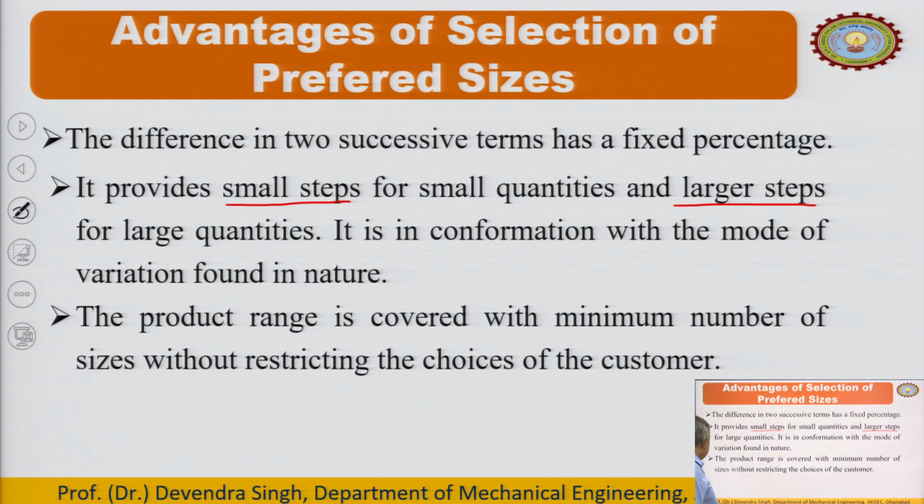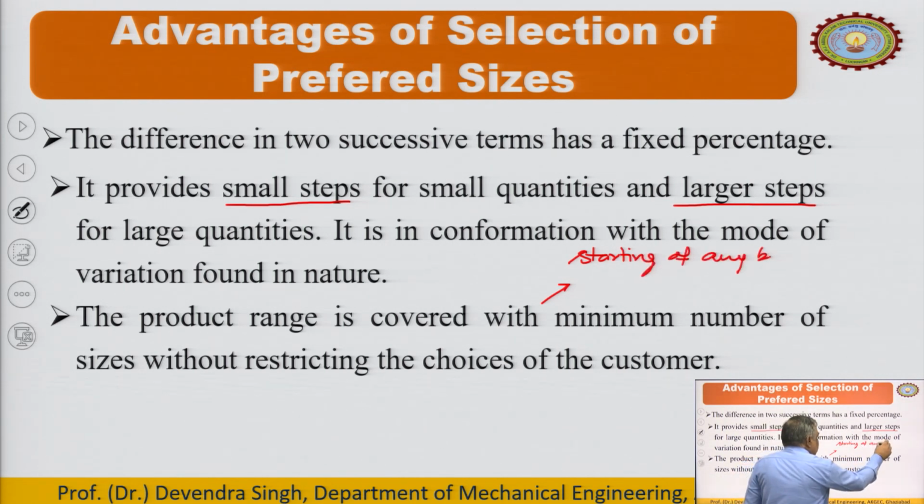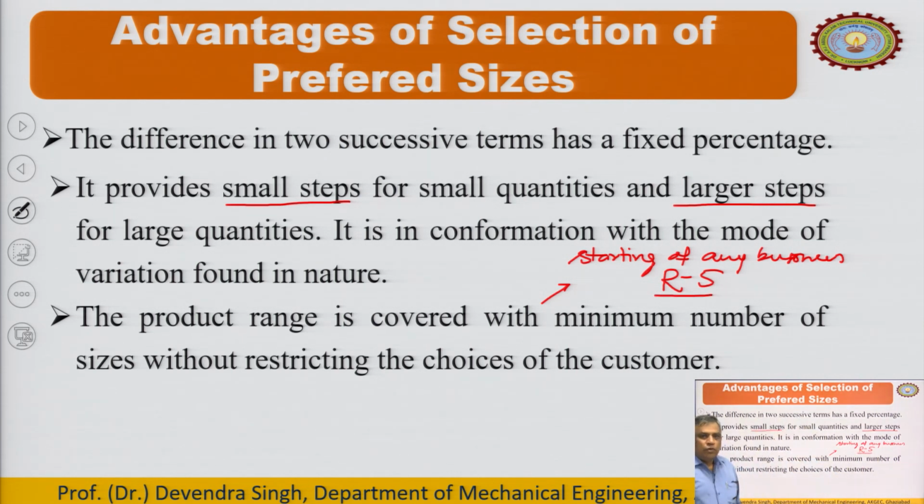For the variation, the product range is covered with minimum number of sizes without restricting the choices of the customer. Here we should always remember, I want to say one thing here, that at the starting of any business, we should always, whether it is mentioned or not, consider the R 5 series to decide the sizes of the product whatever it is.